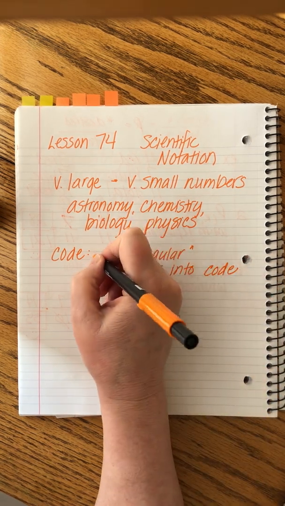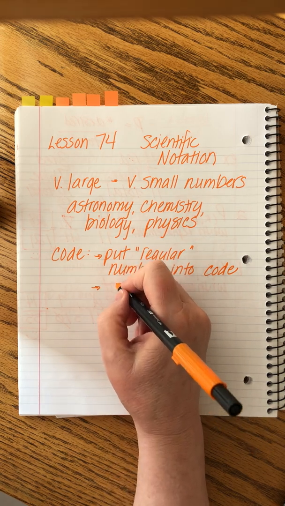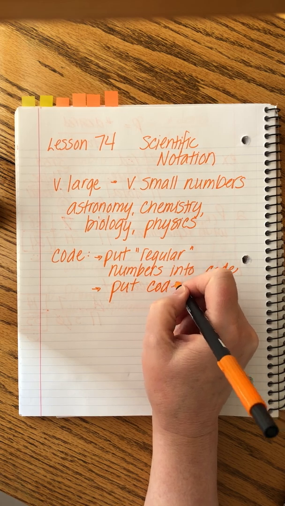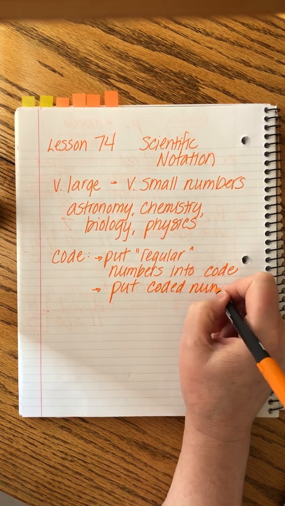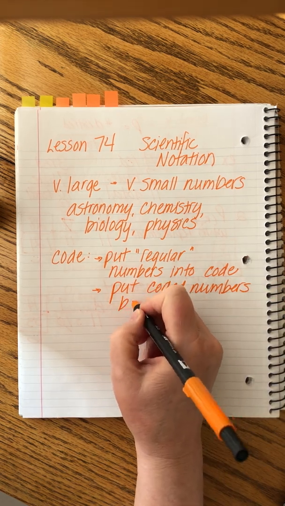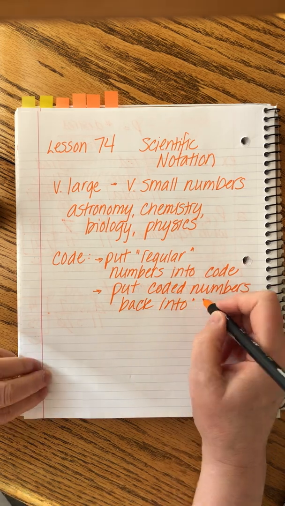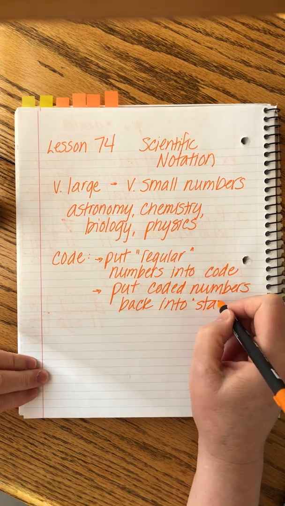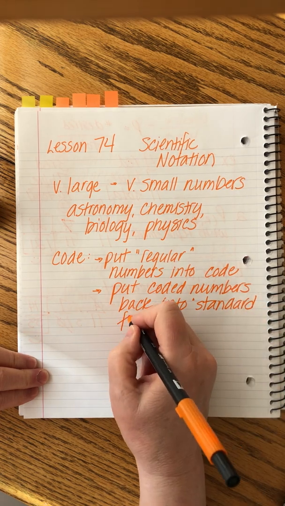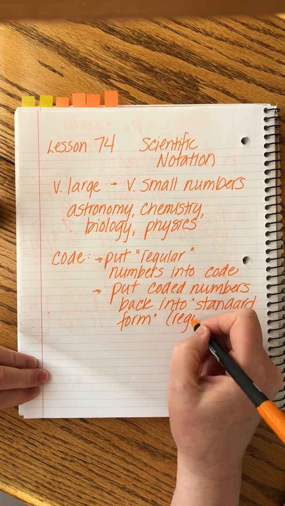And then the other thing we have to do is we have to put coded numbers back into, the word we use is standard form. And all that means is we just make them look regular again, all right?